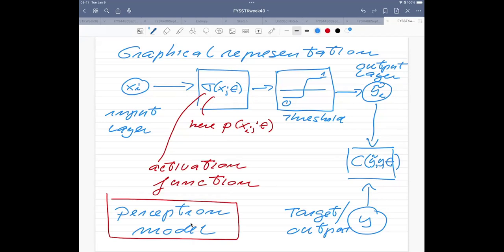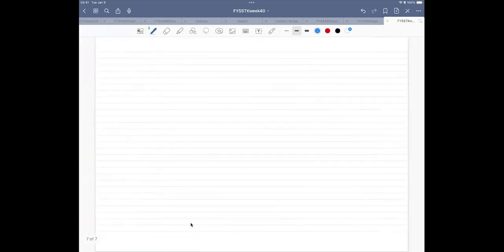We can simplify this in the following way, and this is the way I'm going to draw it from now on. Simplified, we are going to have an input x of i. This is our input layer.